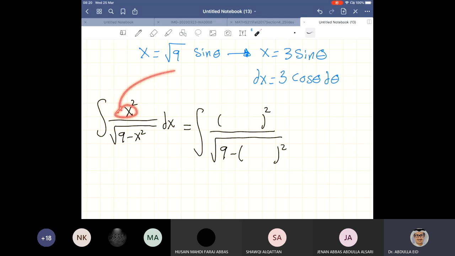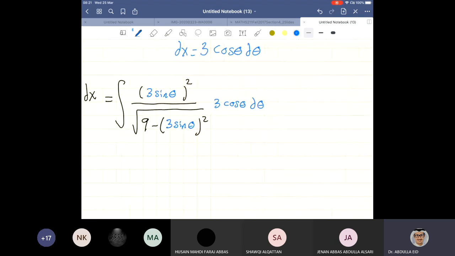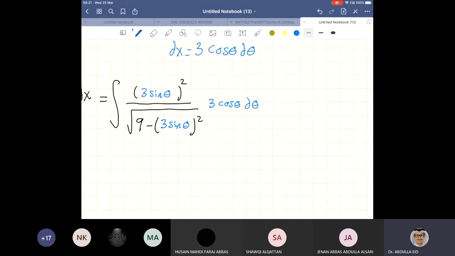So the first x, I will write 3 sine theta. The other x, I will remove and write 3 sine theta. And finally, you have this dx, you have to write 3 cosine theta d theta. And now we will start doing the simplification.